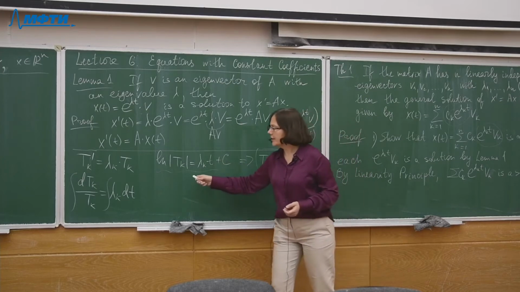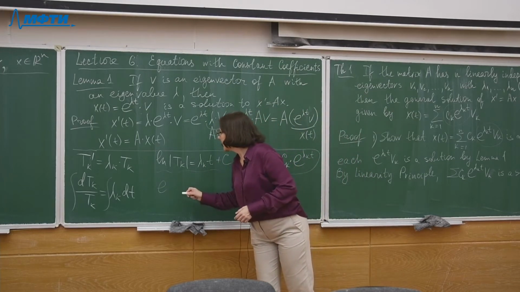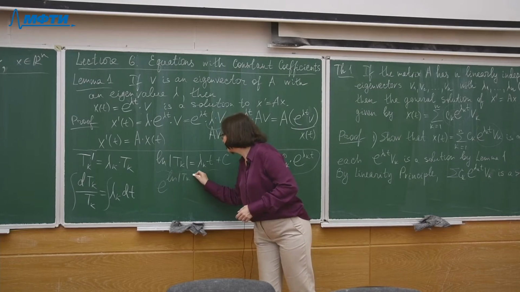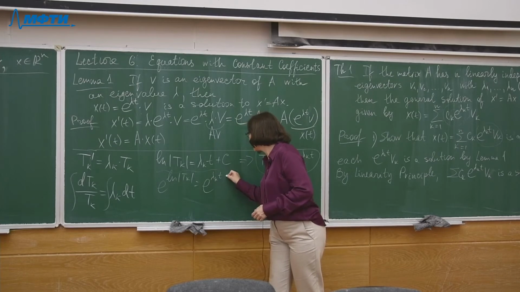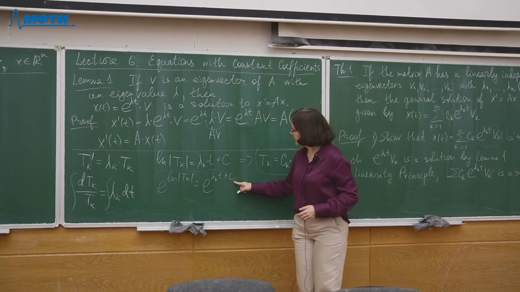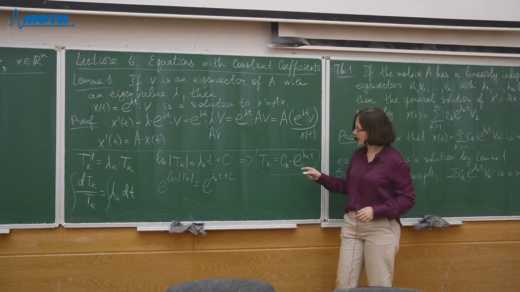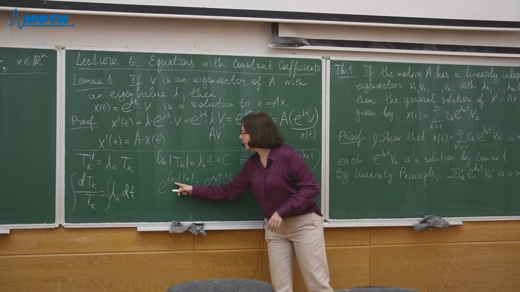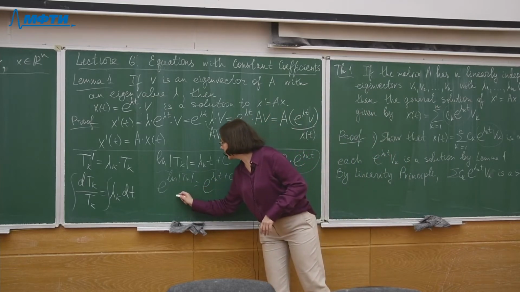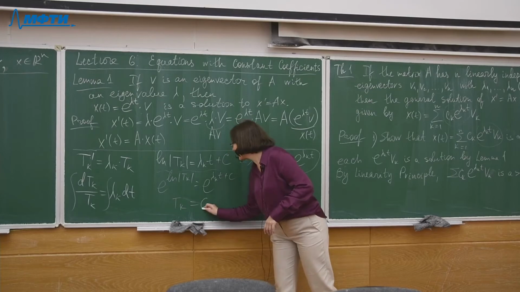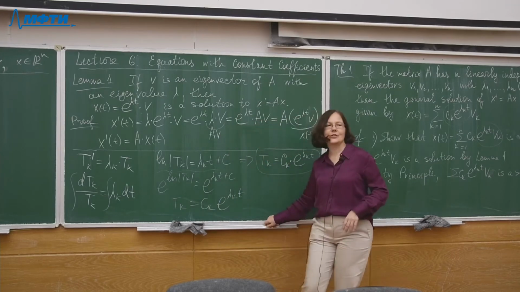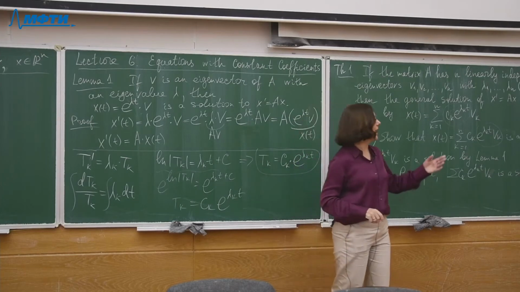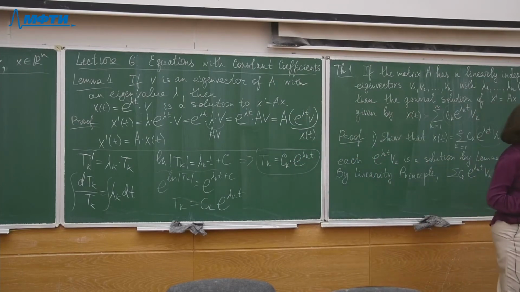And if we take the exponent raised to the power ln tk, it is equal to e to the power lambda kt plus c. Plus c goes to multiplication by ck, and e to the power ln tk means that tk equals ck e to the power lambda kt. So this is the common procedure. Maybe some questions here, right?